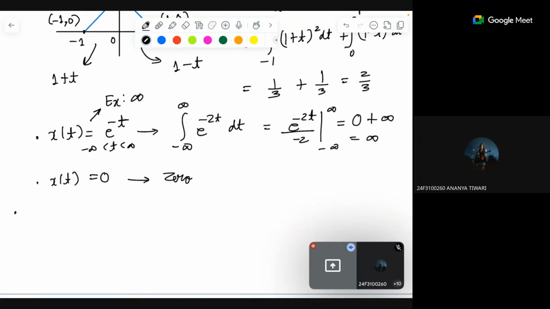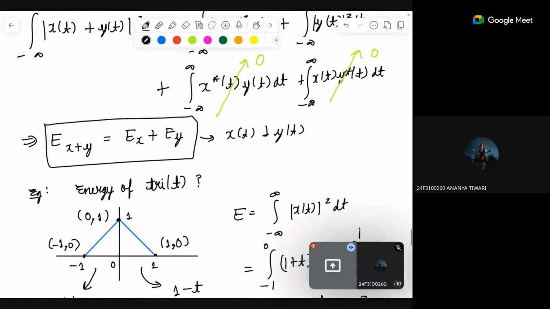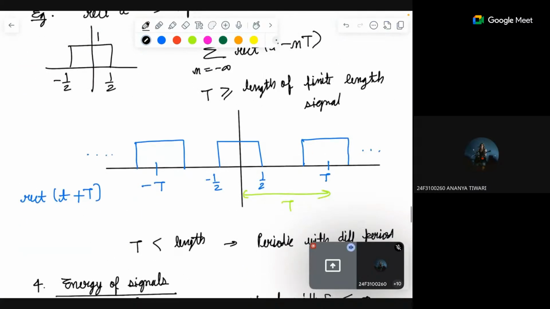Okay, let us do that again. If I have a periodic signal, for example this, I will calculate the energy of this part. Half plus half, 1 into 1, it is 1. So the energy of this part is 1. This is also 1, symmetrical. This is also 1. It is a periodic signal going from minus infinity to infinity, so adding 1 up to infinity, we will get infinity, right?